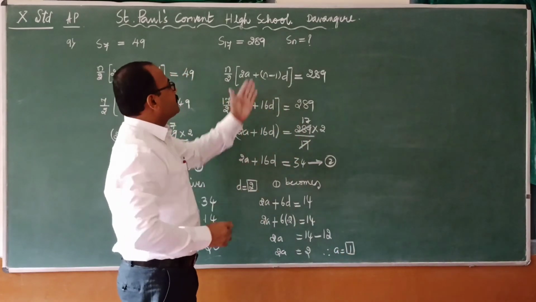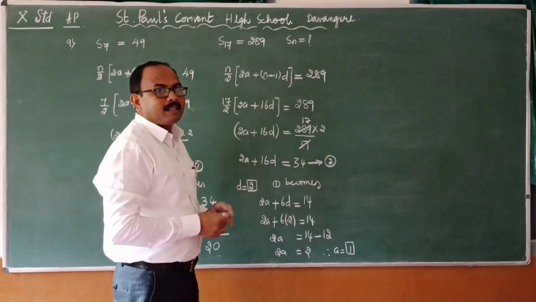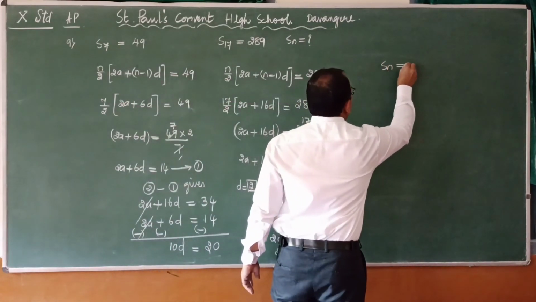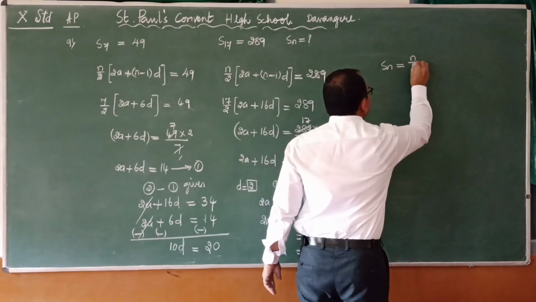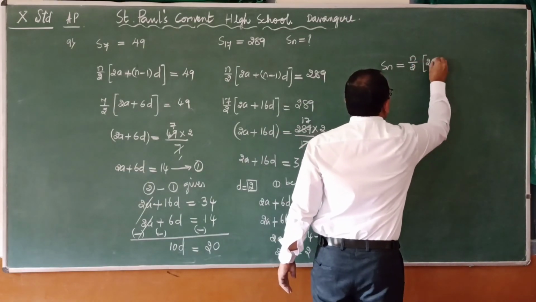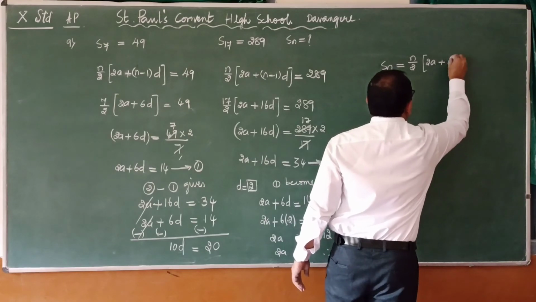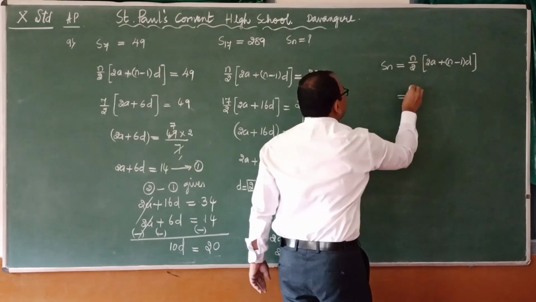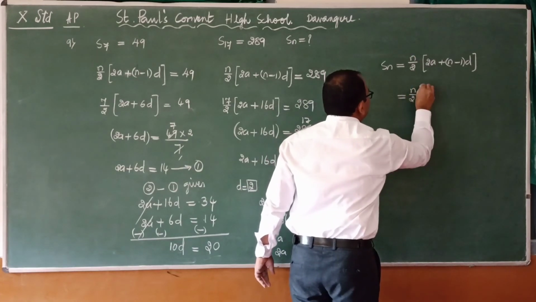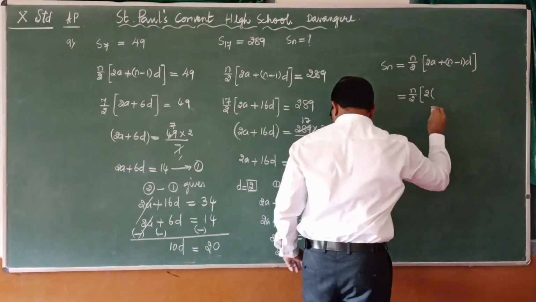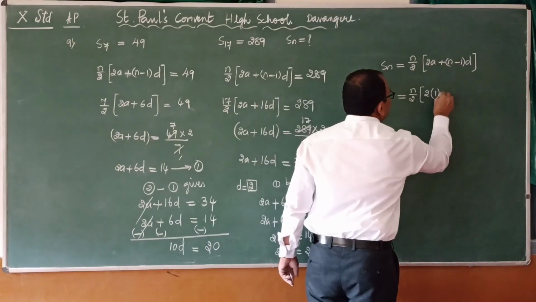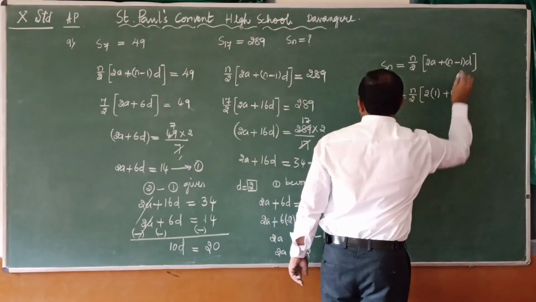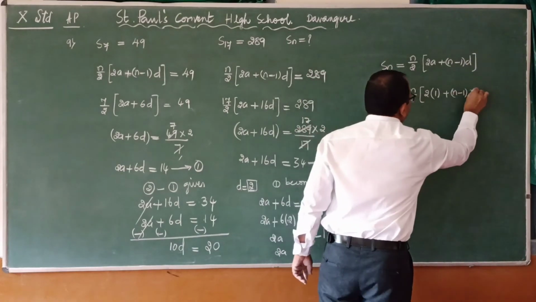Using all these things, we have to find out Sn. There are 3 parts in it. Therefore, Sn is equal to, let me consider this formula again, n by 2 into 2a plus n minus 1 into d. Substitute. n is n only. 2 into a is 1, children, plus n minus 1 into d is 2.